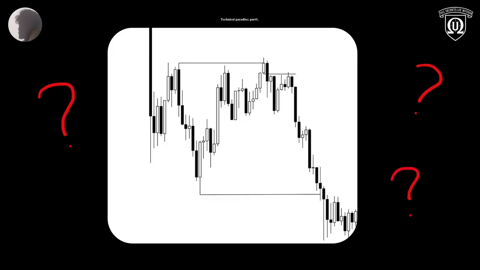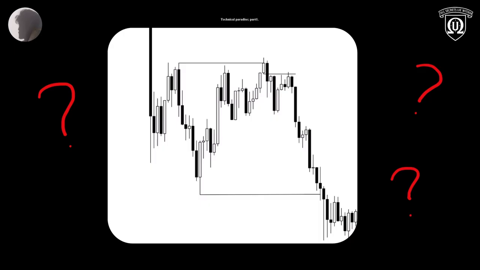Right. Now, the chart you see in front of you, you have marked on the left side a swing high, and then you have a swing low down there, and you have another line there, up, right.